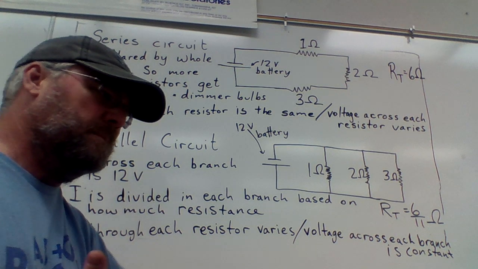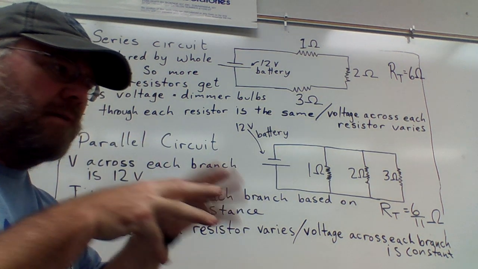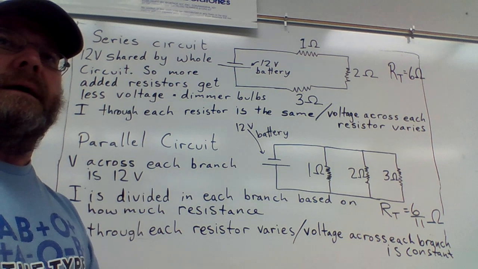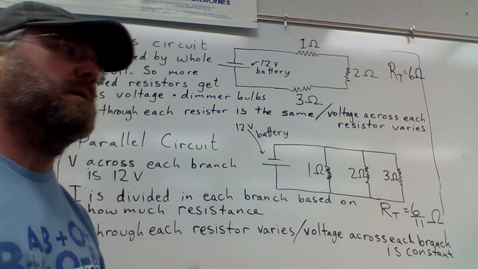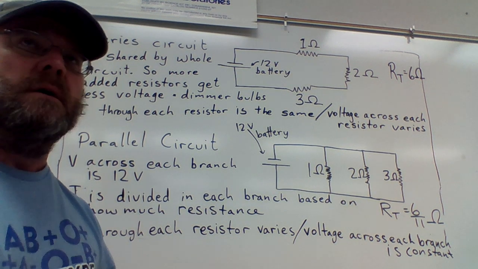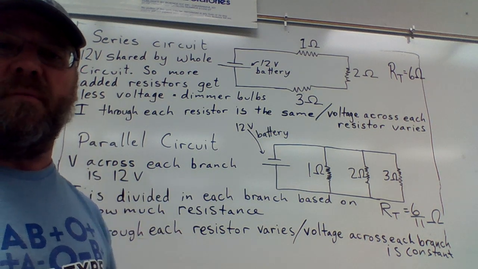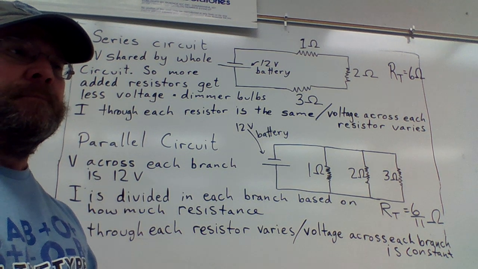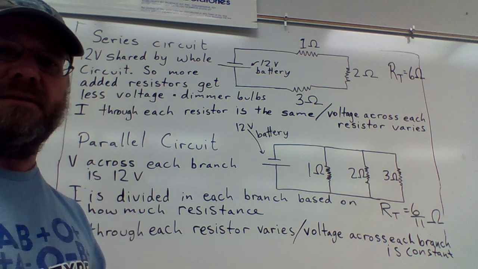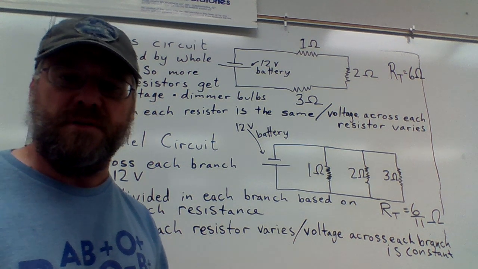I don't want you to commit it to memory, but have it make sense to you when you go through and do some of the problems in your packet and on the next quiz. This may help you get through those a little bit easier.